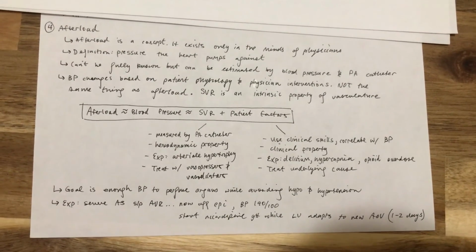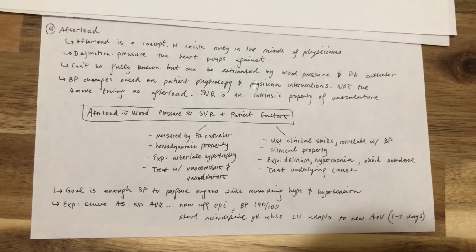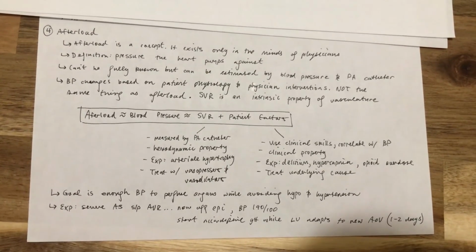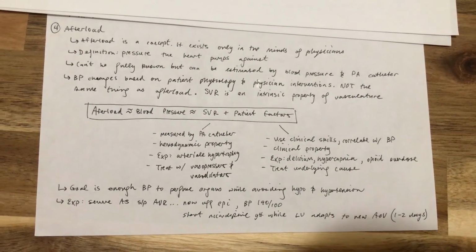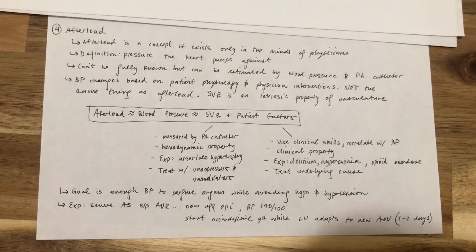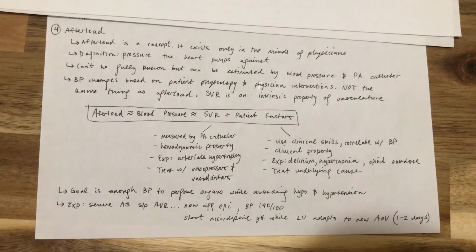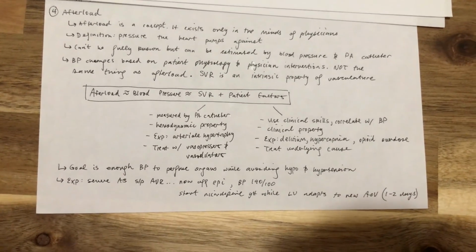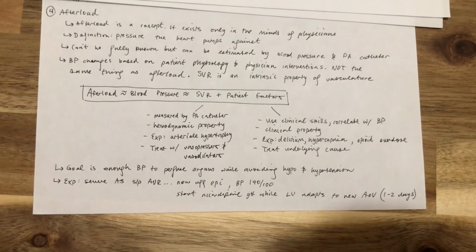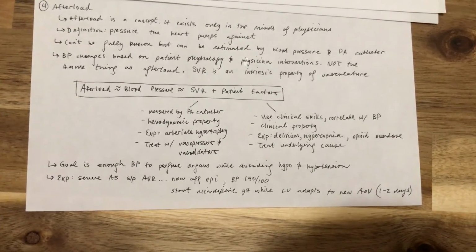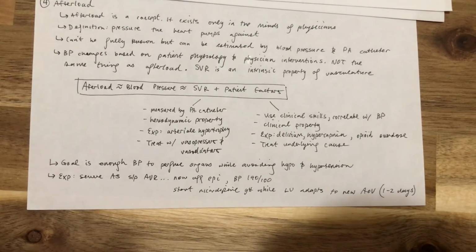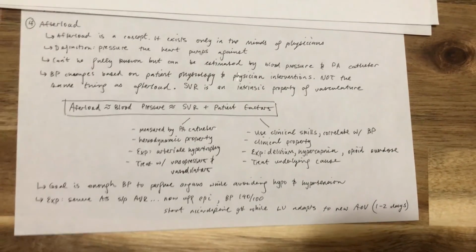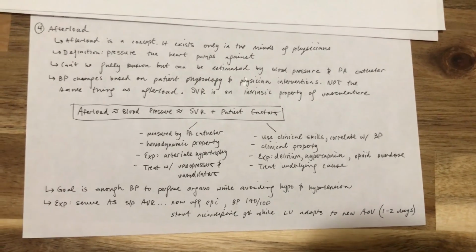What's probably going on here is that when the aortic valve is replaced, a hyperdynamic left ventricle takes a little bit of time to get used to it, because it's used to pumping against a very stenotic valve. So sometimes you have to just give some nicardipine to lower the SVR while the left ventricle adapts to the new aortic valve. That usually lasts 1 to 2 days and goes away on its own.